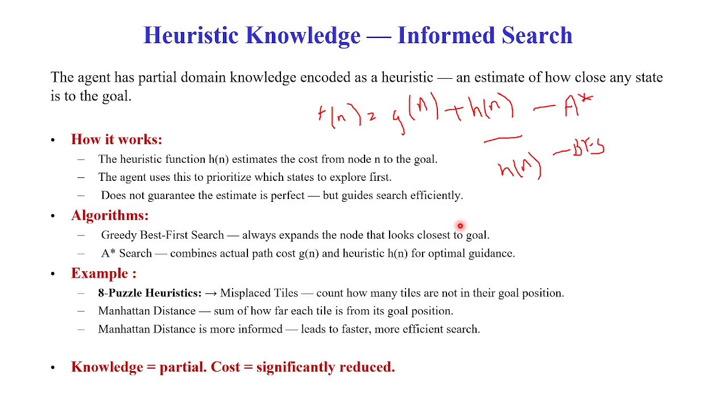But when we talk about the A star search, it combines this g of n plus h of n. This g of n is the path cost, h of n is the heuristics. Lastly, we talked in the previous session about the route finding problem, wherein we had the problem of going from city Bucharest to Arad.